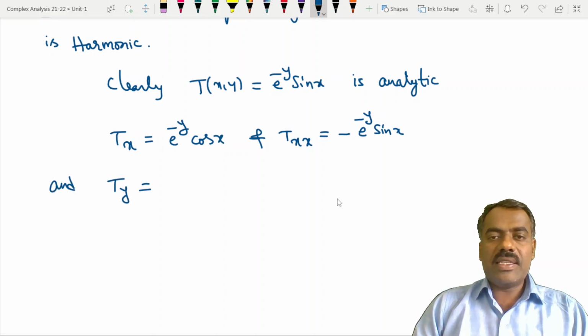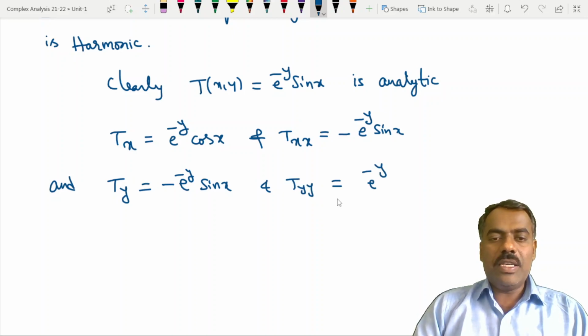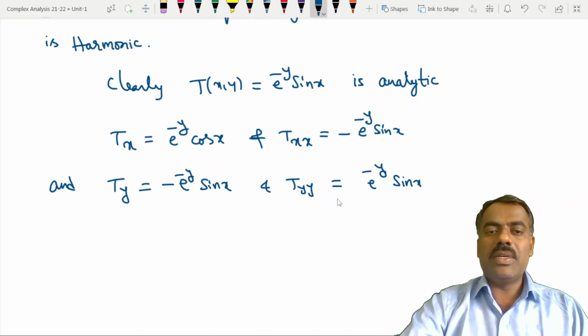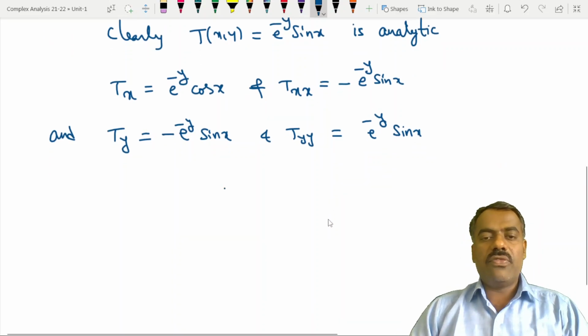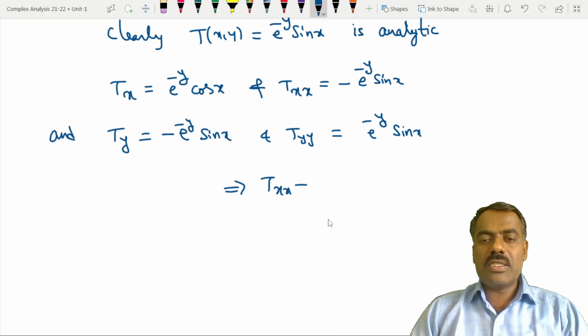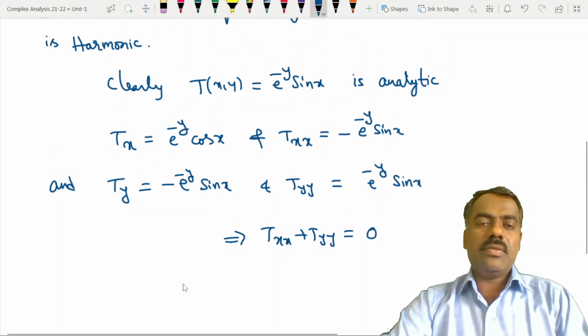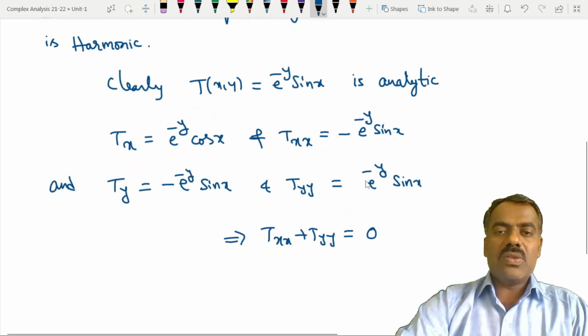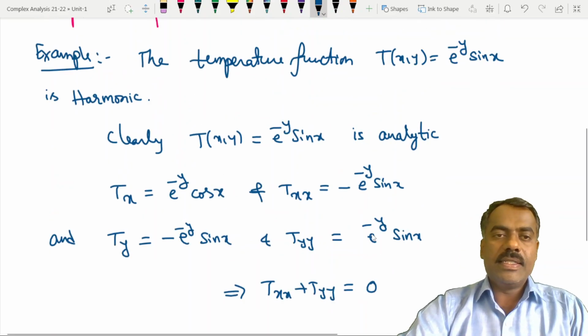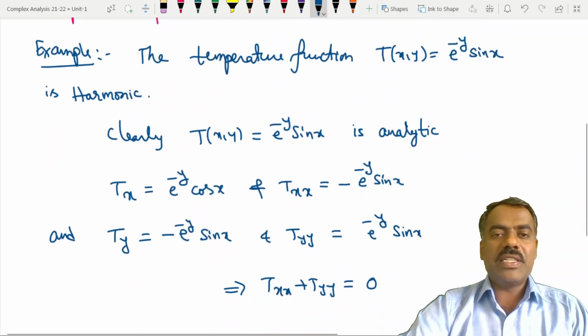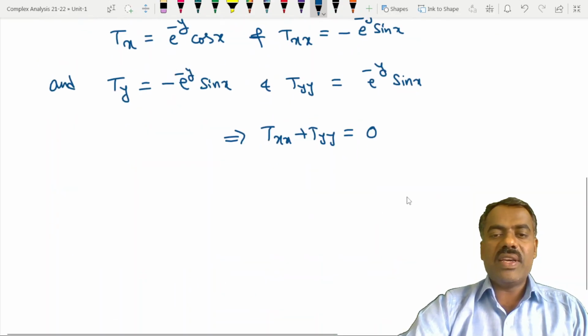That means keeping sin x as it is, this is minus e power minus y times sin x, and therefore Tyy, one more time if you do, then you will get e power minus y sin x, minus of minus again plus, right? So therefore Txx plus Tyy is 0. Okay, and this function e power minus y into sin x is a harmonic function. That means partial derivatives exist and satisfy this condition. Any problem?